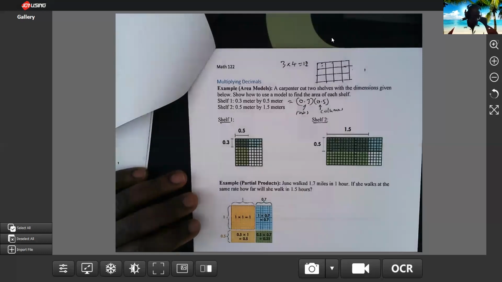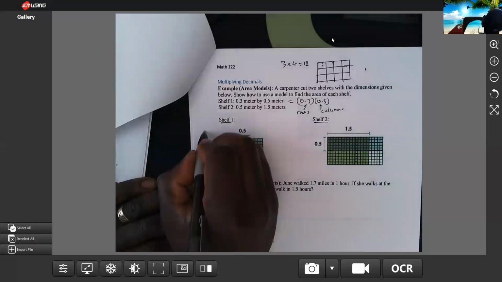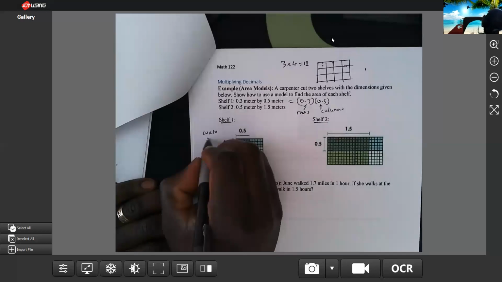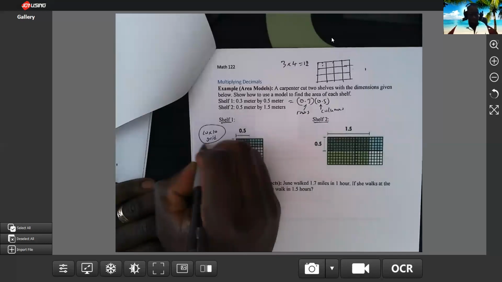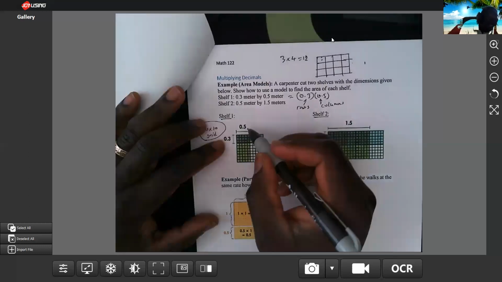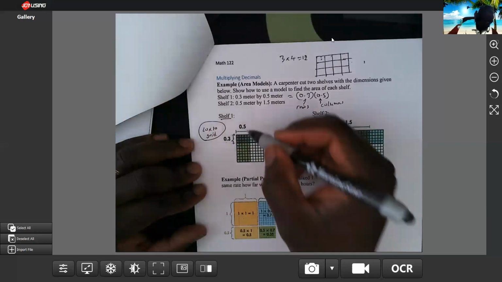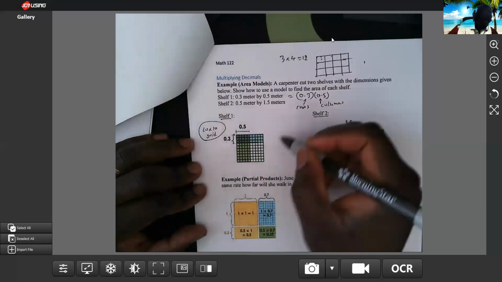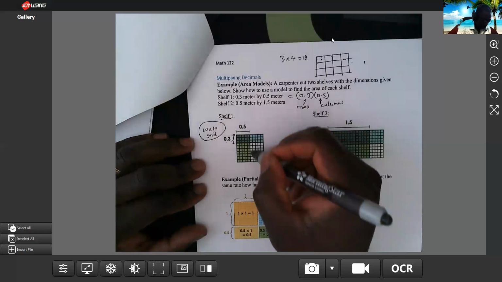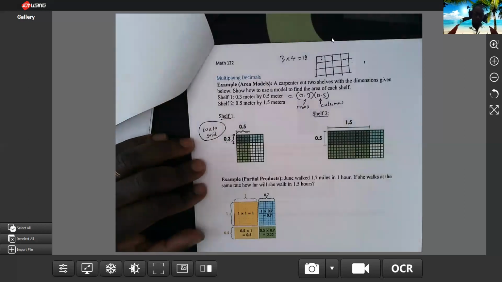The shaded portion. Again, for both of them, we are using a 10 by 10 grid. All right, so if I have 10 by 3, that's the 0.3 times that. Then how many columns? If you have 10, you have 50. So you shade 5 of the columns, so that's 50, which is 0.5.